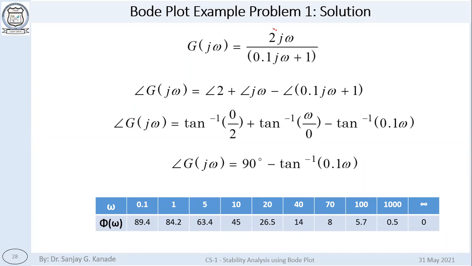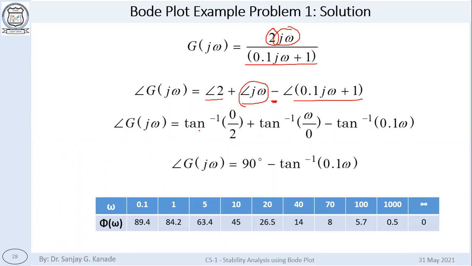So the phase angle of 2, the phase angle of j omega, and the phase angle of this particular first order factor in the denominator. So each individual factor we are just adding. Note that when we are adding the phase of the denominator, it is with a negative sign, right? Phase angles of the numerator are added and phase angles of the denominator are subtracted.